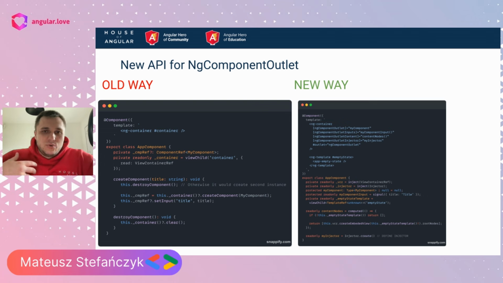Whenever we use ng component outlet, we can define which component should be rendered dynamically. Whenever my component isn't null, it will be rendered. We can pass as parameters what kind of inputs it accepts, what kind of content nodes it accepts. So if it has some content projection within itself, we can pass it as a parameter. We can also pass an injector and outputs there.